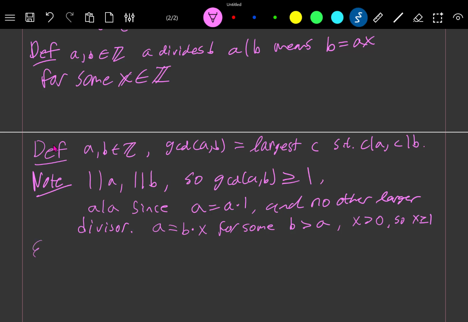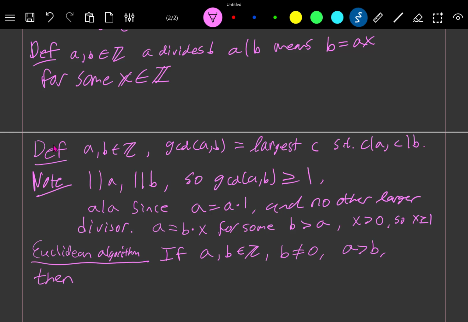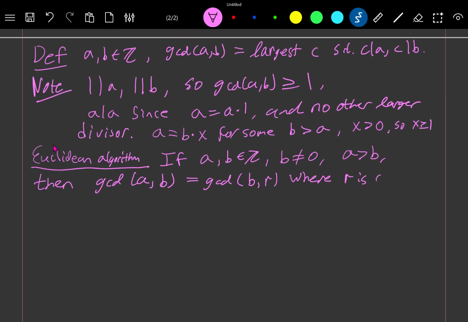And this is going to be the so-called Euclidean algorithm, which says if you have A and B are integers, and say B is not 0, and let's say A is bigger than B, then the GCD of A and B is equal to the GCD of B and R, where R is given from the division algorithm.